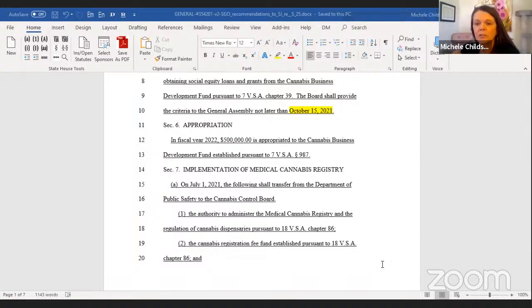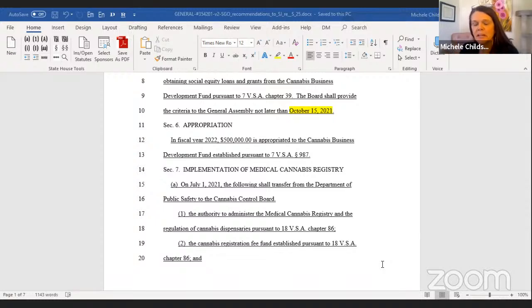So right now, the law is that on March 1st of next year, the medical program is supposed to shift over from DPS to the board. And on that same date is when the new medical program and dispensary statutes will take effect. The goal was hopefully that the rules will also be in place and start at that time. So it was all tagged to go together.